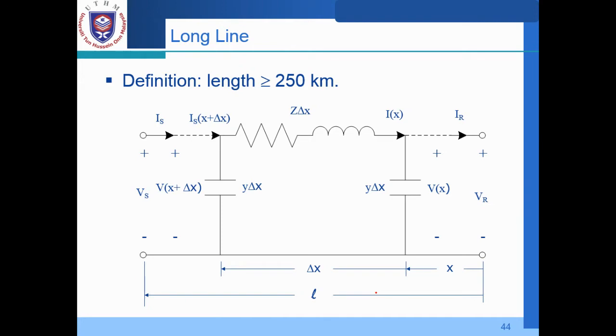Now we continue with the long line model or analysis. By definition, the length of the transmission line must be equal to or greater than 250 kilometers. As we go through the slides and the derivation of this model, we'll see that it is quite complicated for your level to have a comprehensive understanding of the derivation of the equation.